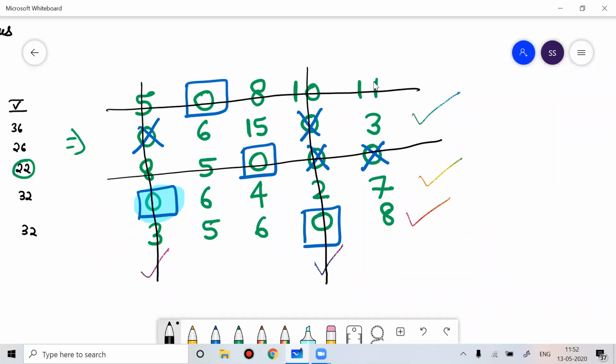Now there are three kinds of elements. One kind are those elements which do not have any line going over them. The second kind have one line going over them, horizontally or vertically.